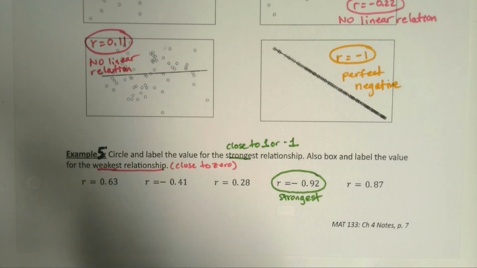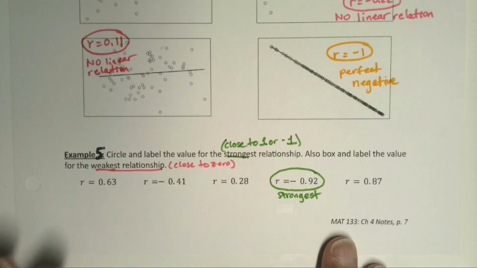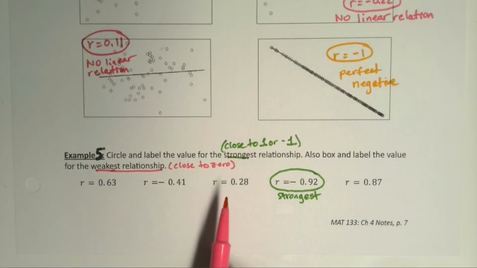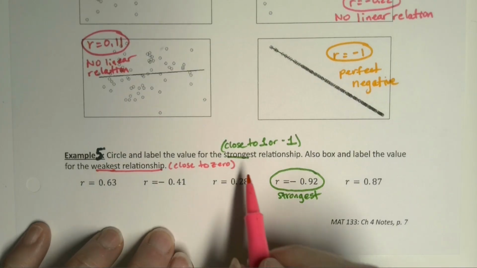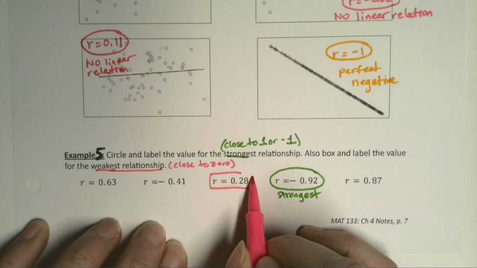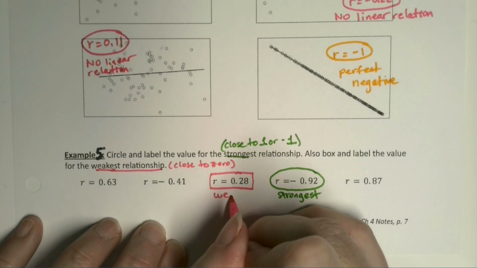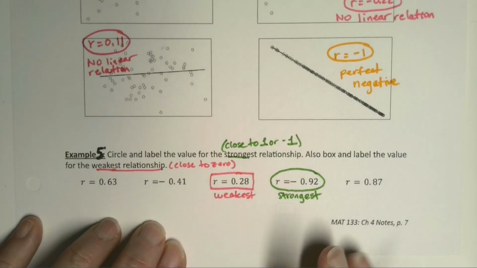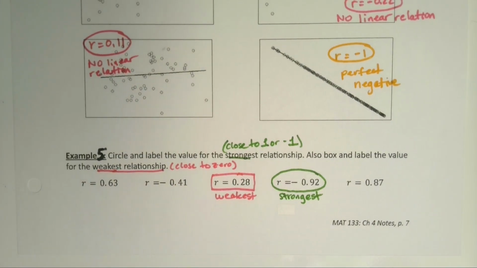Okay, so which one's the closest to 0? That would actually be this 0.28 right here. Right? That is the weakest. Right? Because it's so weak, it's not actually a linear relationship.